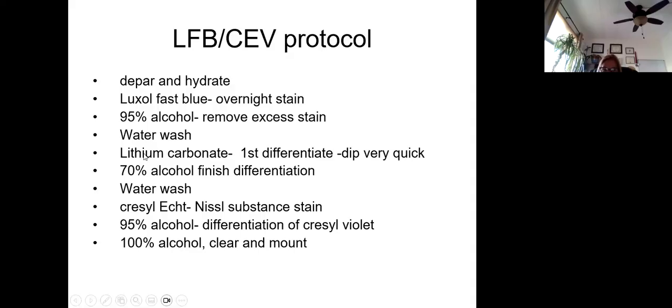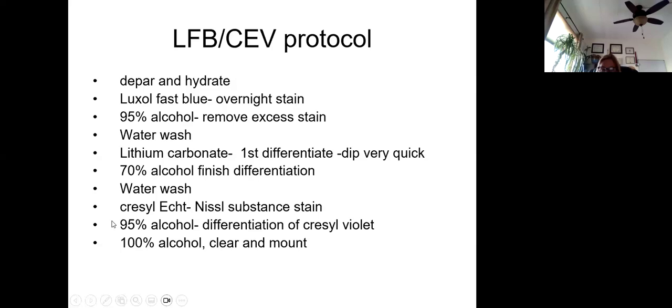It's basically an LFB, okay? You're going to remove that excess, water wash, do your first differentiation, then your fine tuning differentiation and water wash. Then you're just going to tag it with cresyl violet, CEV. So you're going to go into your cresyl violet.